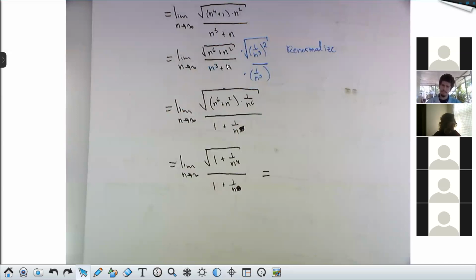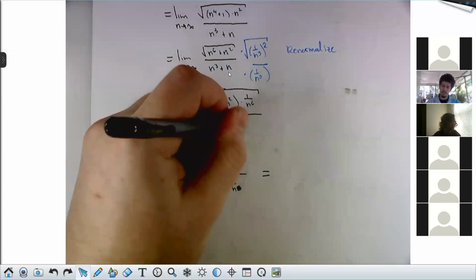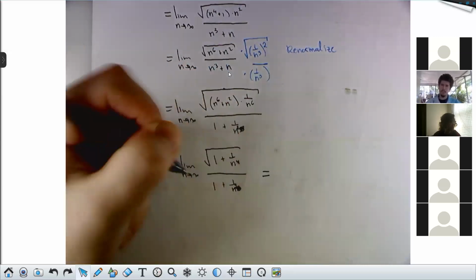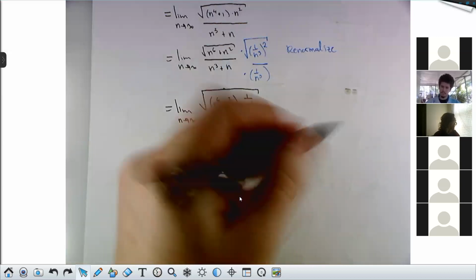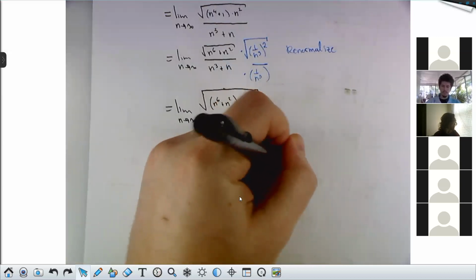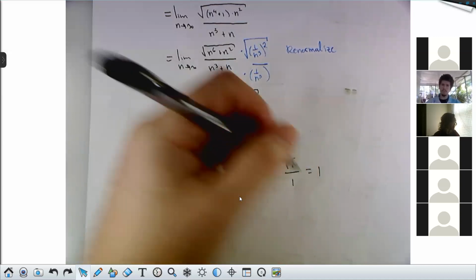So this will cancel to a 1, and this is n over n cubed, which is 1 over n squared. In either way, the big deal is that these guys go to 0. So we get root 1 over 1, which is 1.